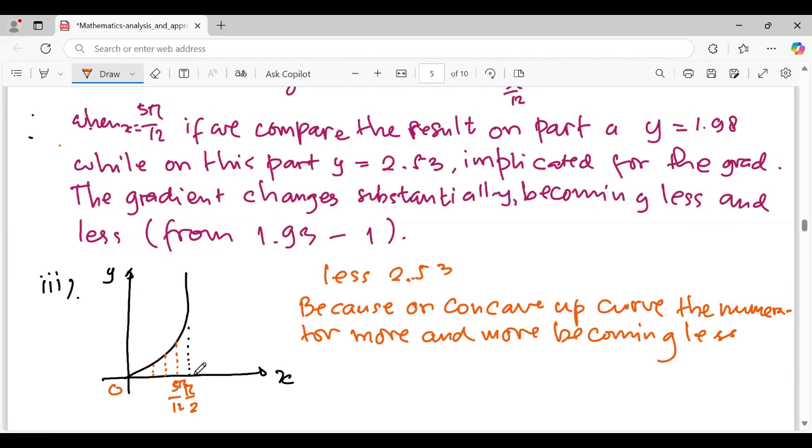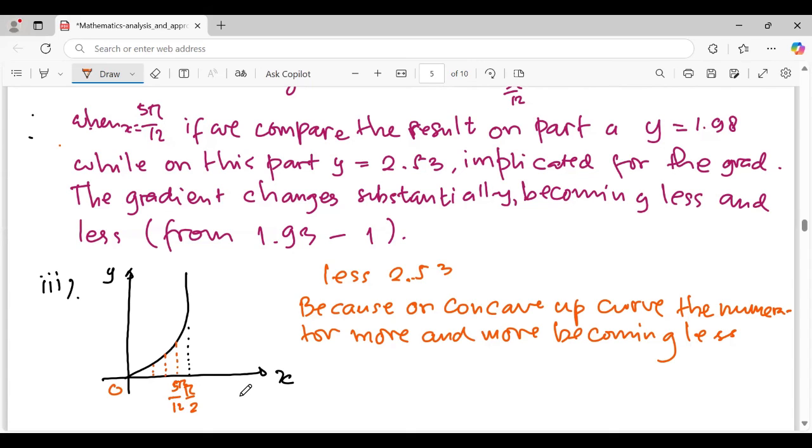If you compare the values of y for each x, the y values are becoming less and less.